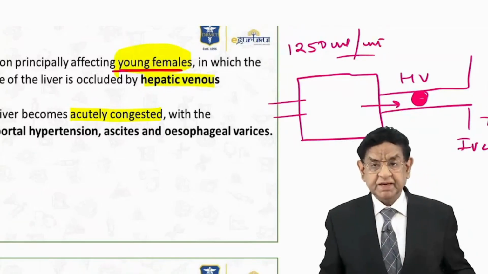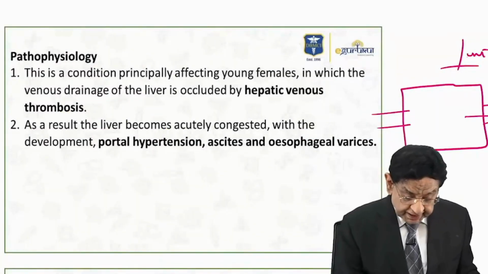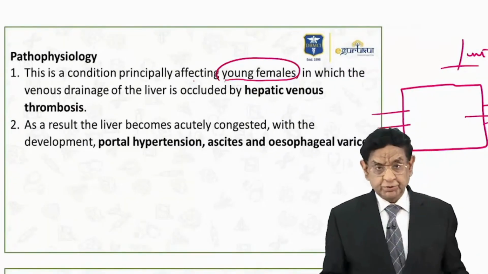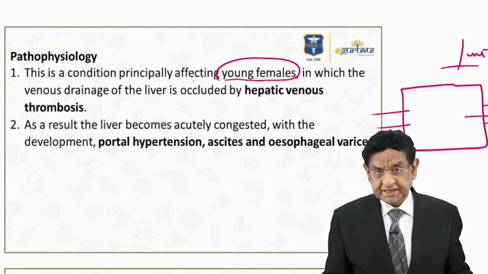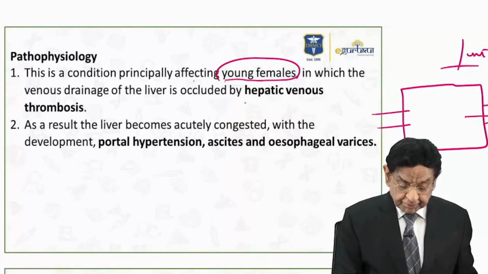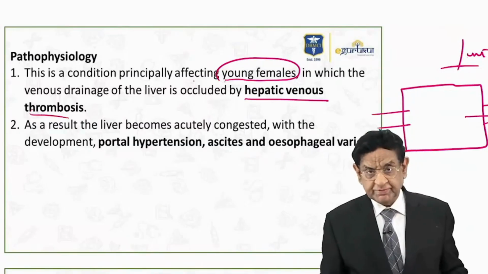This much is the blood. So in the pathophysiology, it's more in young ladies. The reason, as I already told you, may be pregnancy or oral contraceptives. And of course, the problem lies in the hepatic venous thrombosis, the point we discussed.